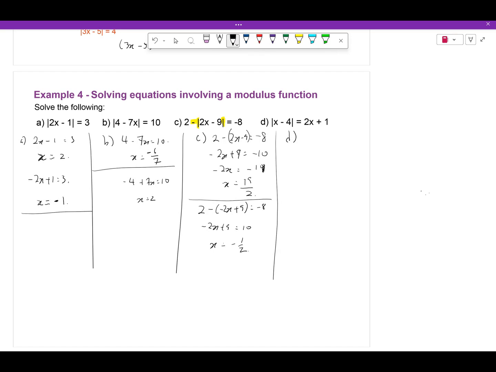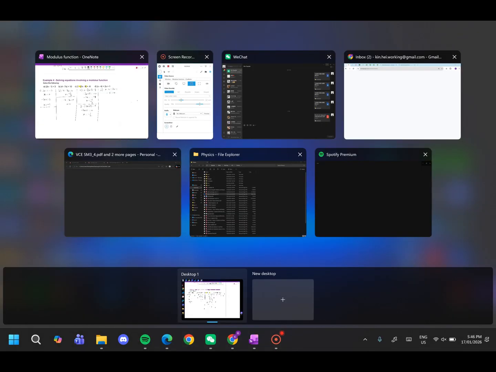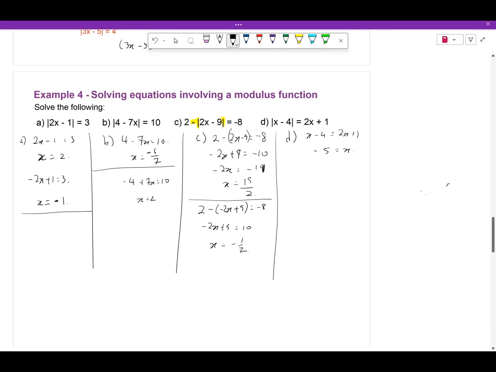Last one, D. Again, here we do not need to worry about the negative, so we can be more direct. That results in negative 5 equals x. And we have negative plus 4 equals 2x plus 1.